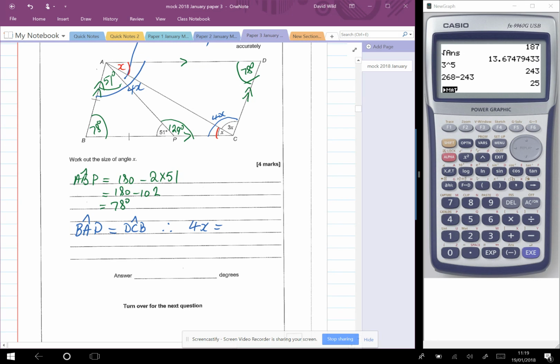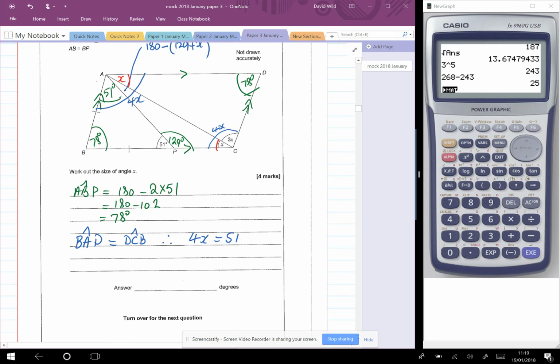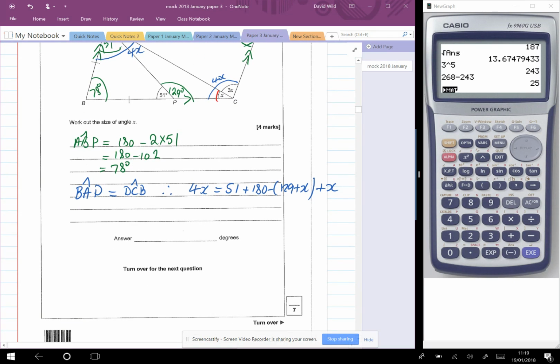Now what is this angle? Well, it's 51 plus this one, which I just worked out at the top there as being 180 minus 129 plus x, and this angle up here, which is x. So let's try and work that out. We've got a simple equation now with just x's and numbers.